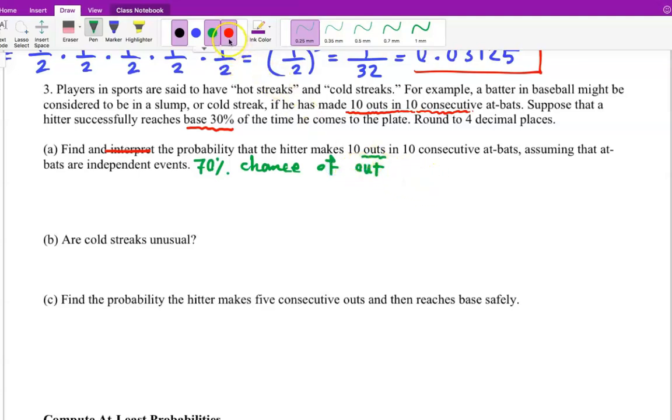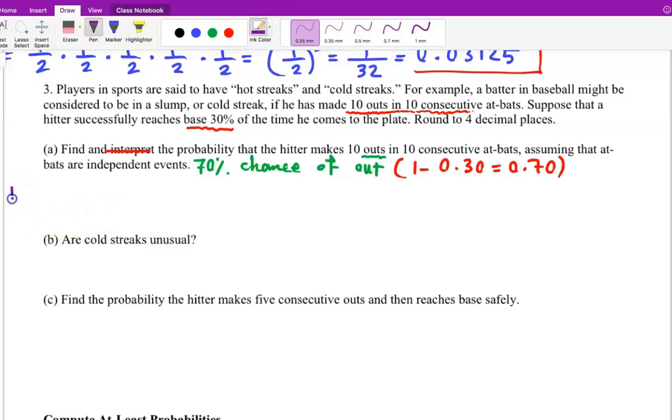How did we get that? This is 1 minus the 30% that we have here. So that is 70%. So success was 30%, and based on that, failure is 70%, or in this case we used out.